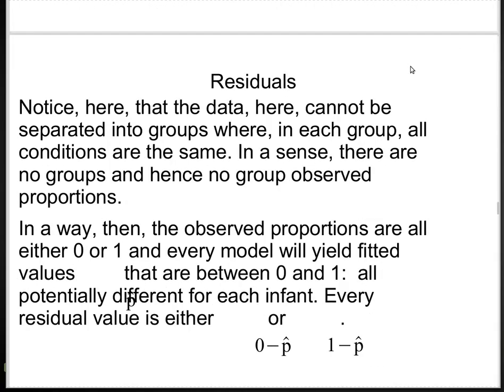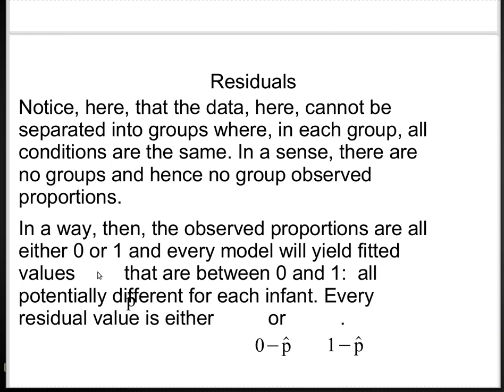Here, the residuals are of far less immediate value. Because what are we doing now? Well, it turns out we're going to be comparing. Oh, I got a little typo here. That p hat should have been moved up in here.